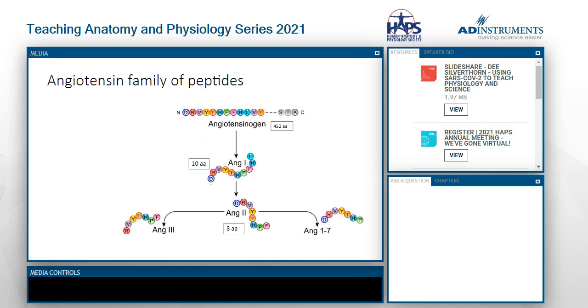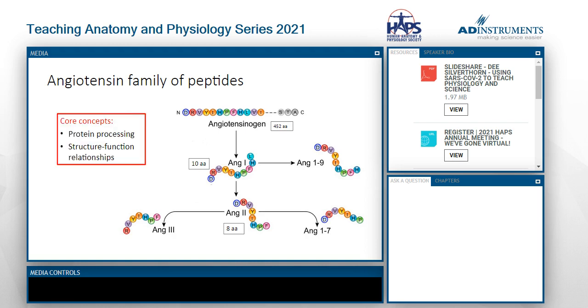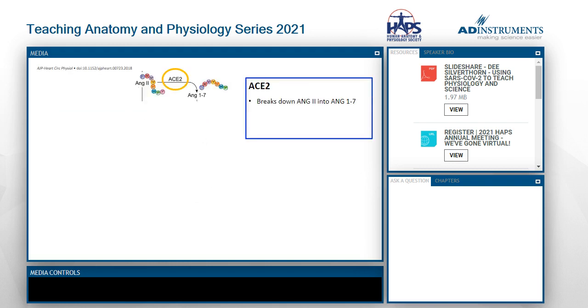And angiotensin 1 itself also gets metabolized by removal of a single amino acid to angiotensin 1-9. It turns out all of these peptides have functions and are very similar in structure, but not necessarily similar in function, as we will see on the next slide.